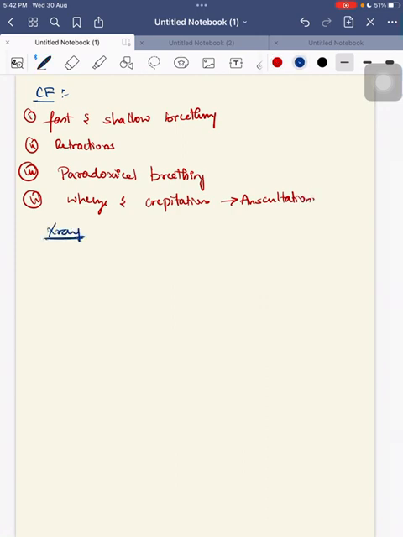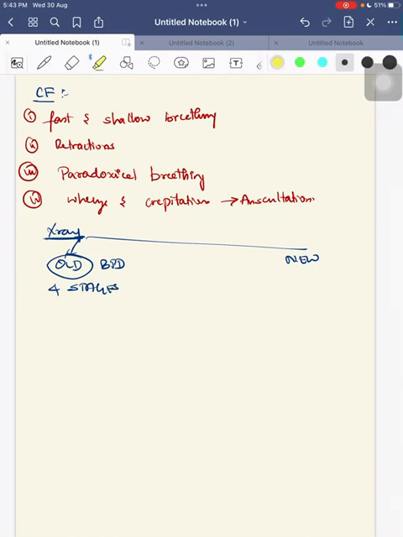Next we will see its X-ray findings. So what will be the X-ray findings? Here also we will classify it as old BPD and new BPD. In old BPD there will be 4 stages. In stage 1, it is consistent with hyaline membrane disease, so it will look like hyaline membrane disease. Second, the child can have opaque lung fields with air bronchogram.